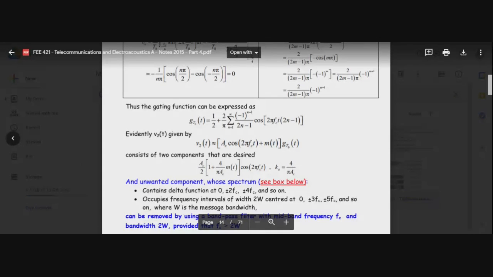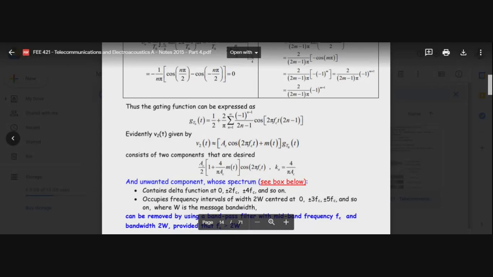So if you try to get the signal V2, which is the output, in case you have forgotten, we are trying to get an AM signal out of this mess.